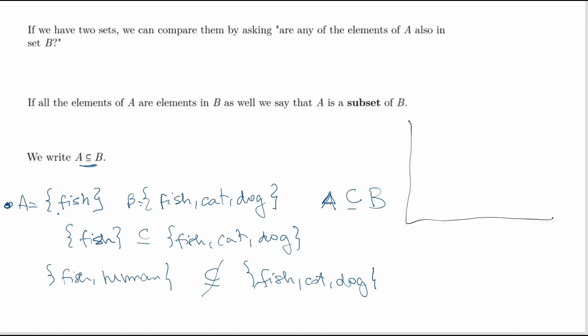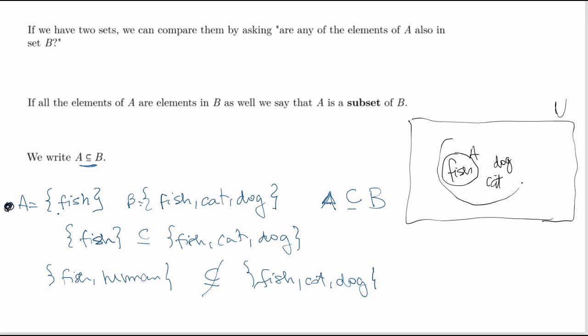So given a universe, a universal set, I'm going to first write, and I'm doing this first example here. I'm gonna first write set A, which contains only fish. So this is set A. And I will now write the other set, set B. Well, set B contains fish, cat, and dog.